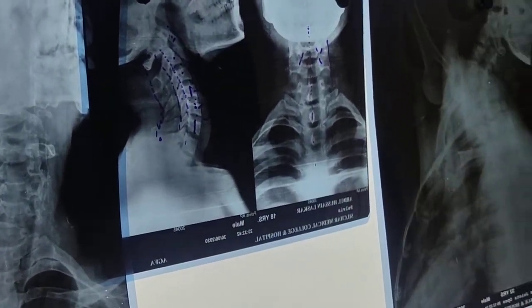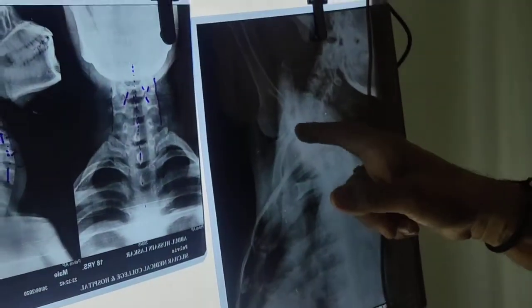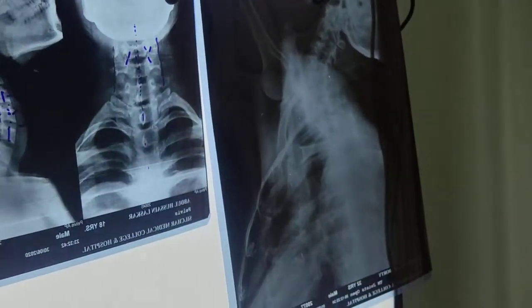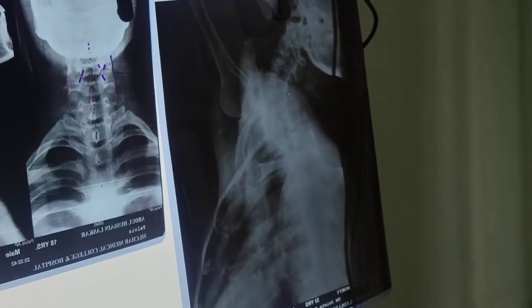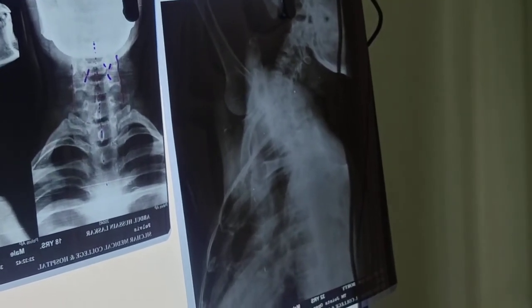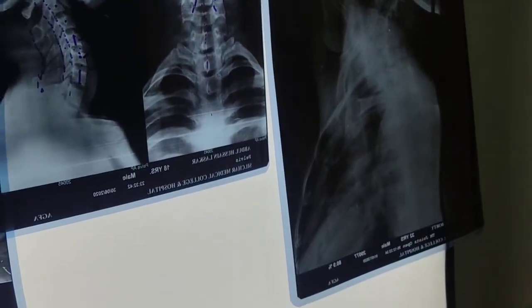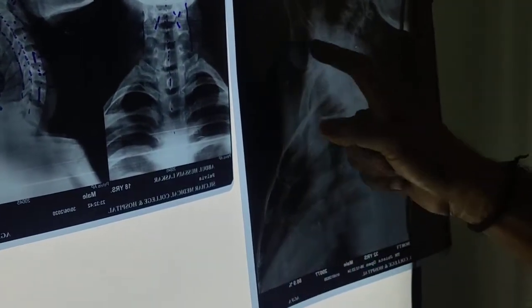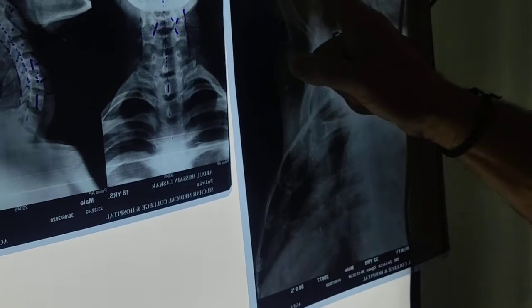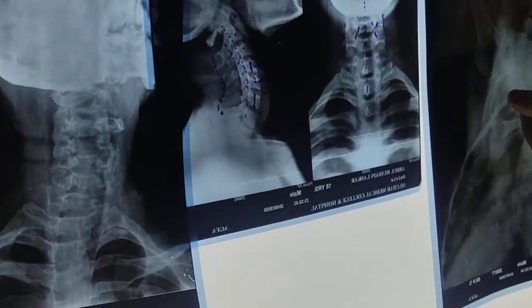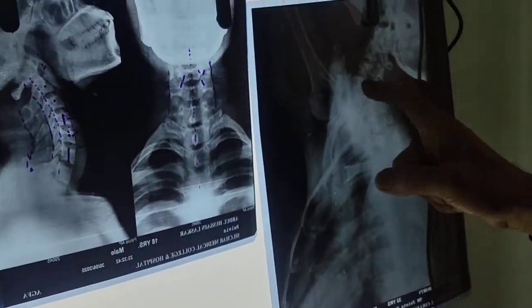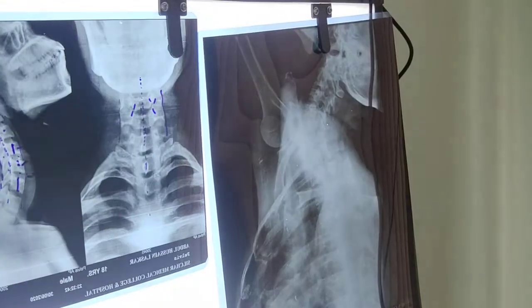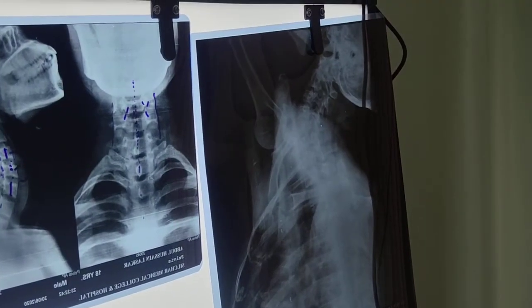But here one can see better, because many times the shoulder comes in between at the cervicothoracic junctional point, which is why sometimes it is not nicely revealed. Here one can do this maneuver where you abduct the arm and shoot from the lateral side to look at the cervical junction, because it is not easily revealed.